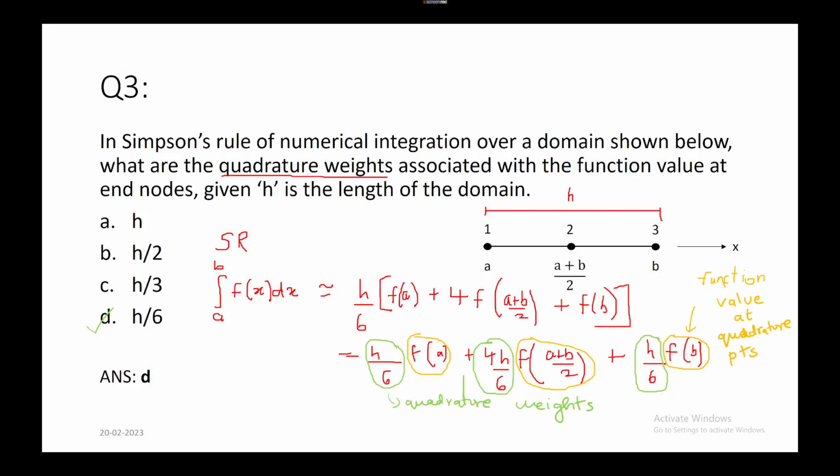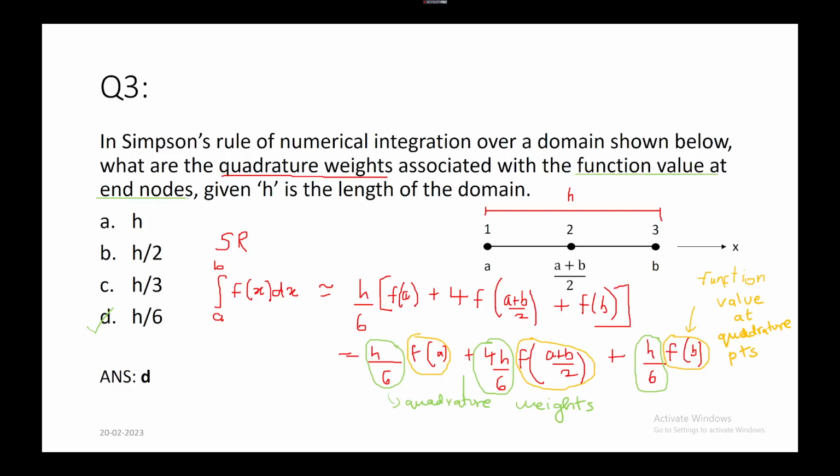Hello, yes. We have 4 by 6. But we have 4 h by 6 in the middle, right? Sorry, I didn't get what your focus is on. We have 4h by 6 in the middle, right? So how can it be just h by 6? I mentioned in the question the quadrature weights associated with the function value at end nodes.